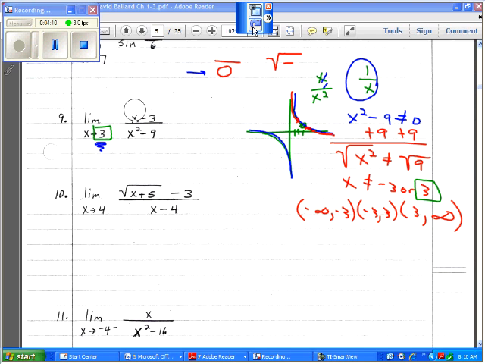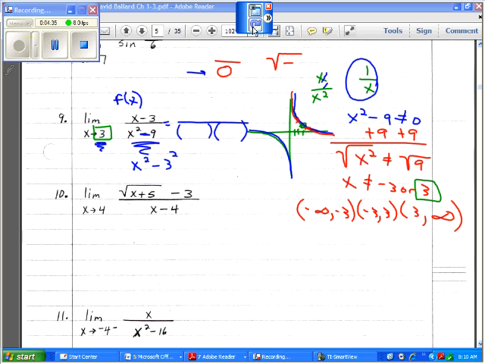We factor. So in this f of x function, x squared minus 9, we know that this is the difference between x squared and 3 squared. What does the difference between two squares factor into?